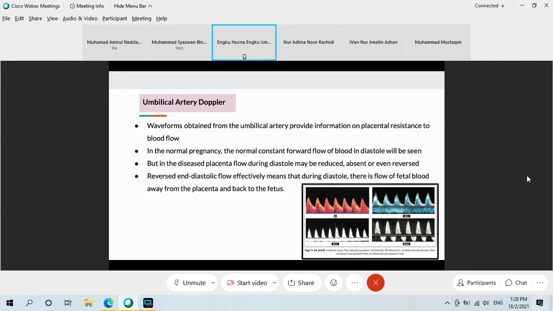Actually from our side, we can say that Doppler start to have absent. Number 2 tu dah turun kan, it's a reduced end-diastolic flow. Number 3, B2, is the absent end-diastolic flow, and the last one is a reverse. So in this case, the picture A is actually the normal one. The rest of the 3, you have to be careful.